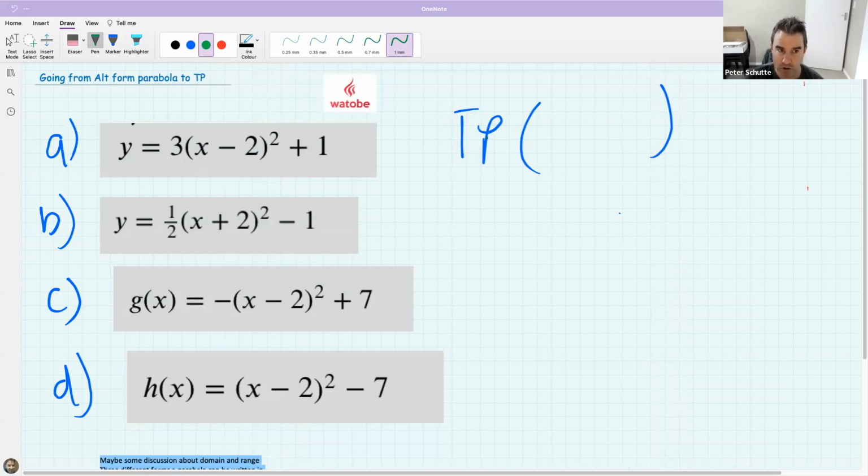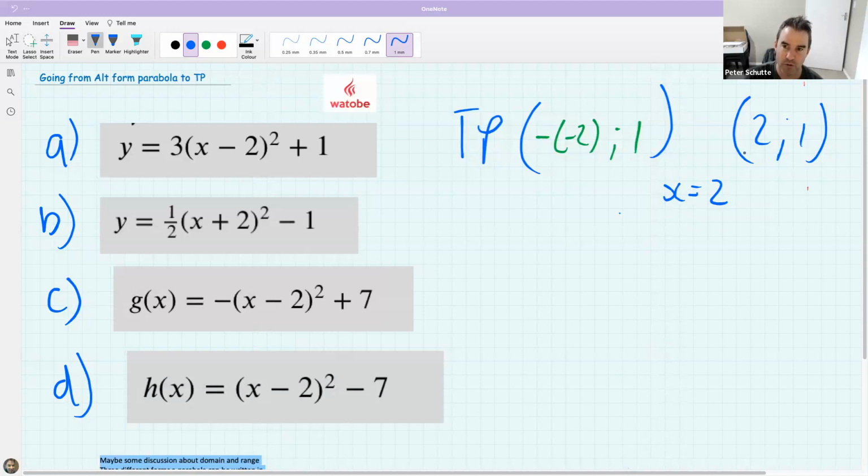Since I've learned this new trick, I'm going to say the turning point is just 2, 1. And from that, we know the axis of symmetry is x is 2, because it has to be this number. This saves you a lot of time.